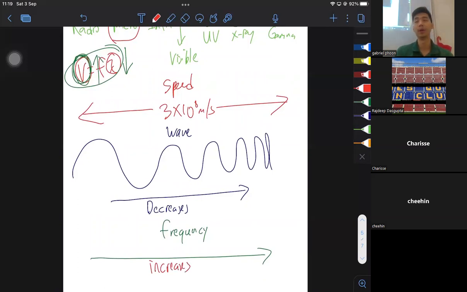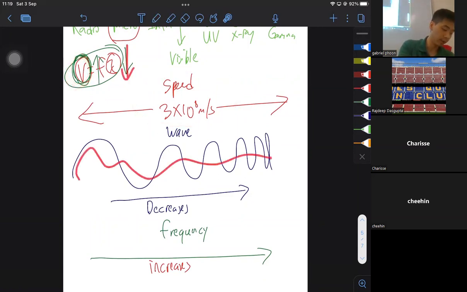Do you understand what I'm talking about? This is important, especially when we talk about formulas, or when one thing is constant and they are a multiple of each other: if one thing decreases, the other is going to increase. When the speed is the same for all of them, a decrease in wavelength here is going to cause the frequency to increase here, guys. Very important.